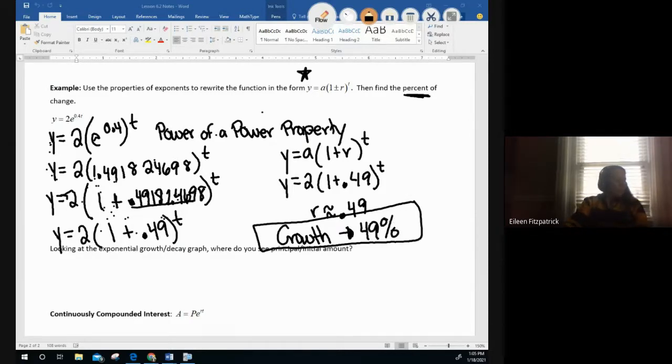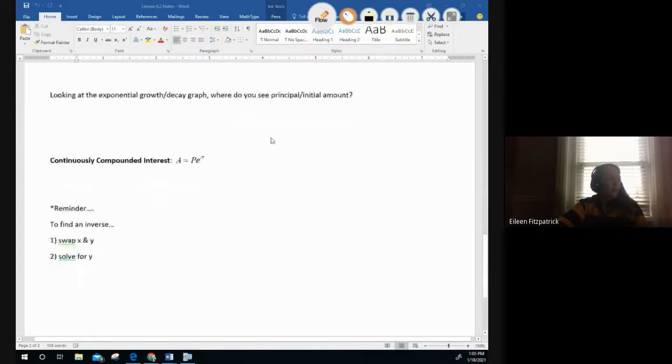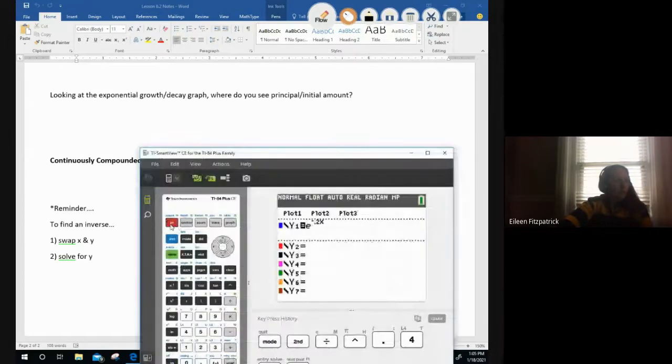Okay. So that was that problem, which is similar to one of the other problems we saw in a previous lesson. Looking at an exponential growth decay graph, where do you see the principal or initial amount? When we graph a function, let me see if I can pull anything up on my graphing calculator.